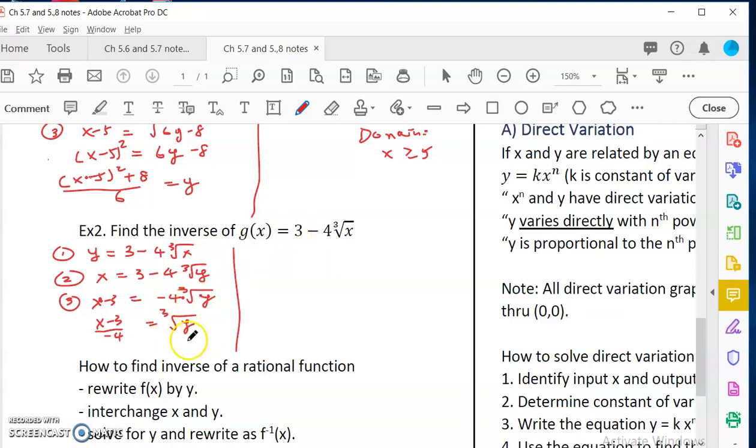Now I can cube both sides. x minus 3, divided by negative 4, to the power 3 is equal to y. Now I finish solving. So the inverse, it is g. g inverse of x is equal to x minus 3 over negative 4, cubed. That's it. So we'll do part 2, which is the inverse of a rational function.